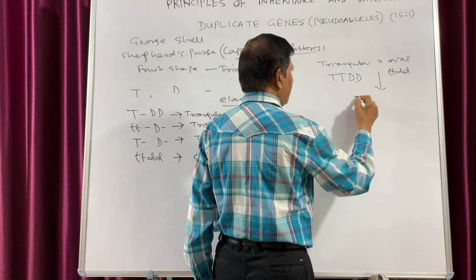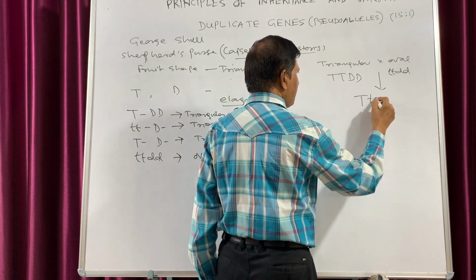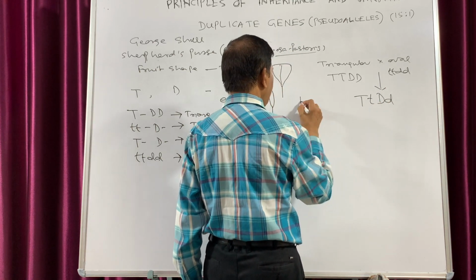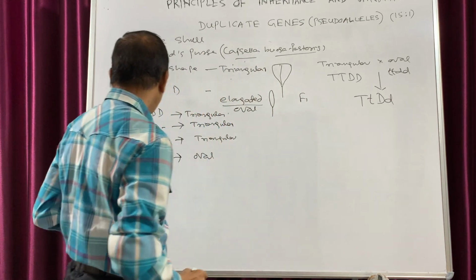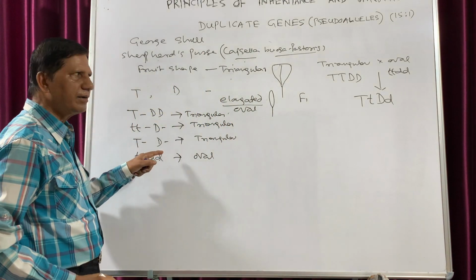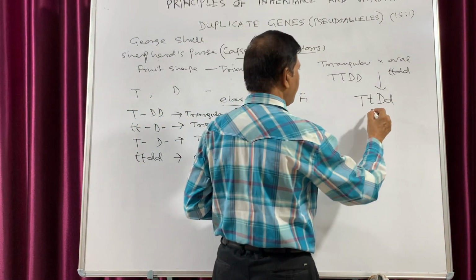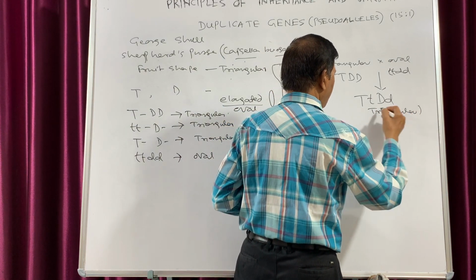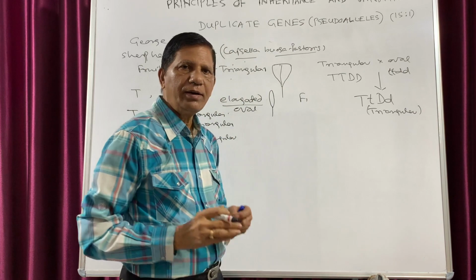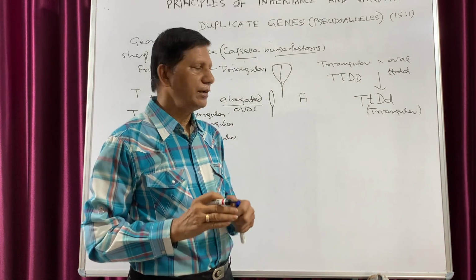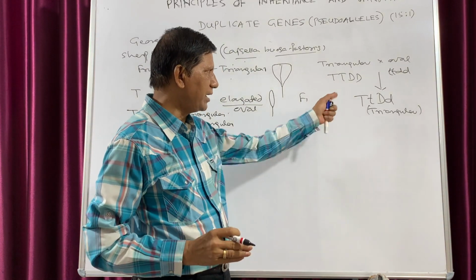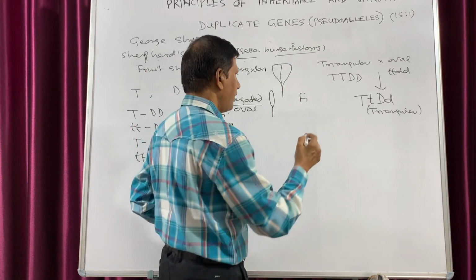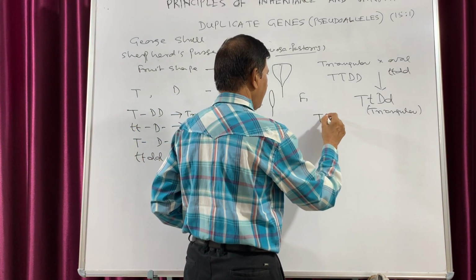Here this F1 hybrid will be capital T small t, capital D small d. This is the F1 hybrid. And when both capital T and capital D are present, naturally it is triangular.